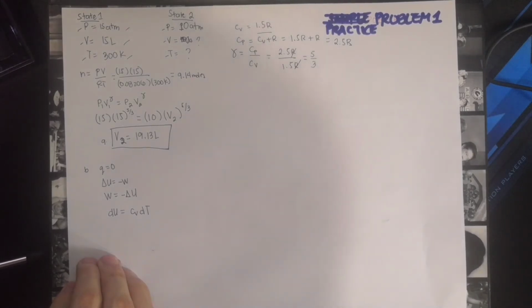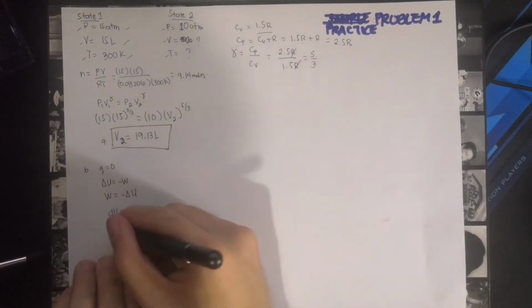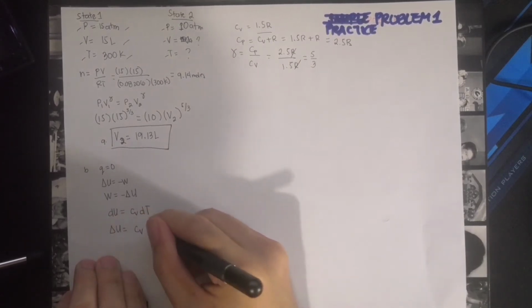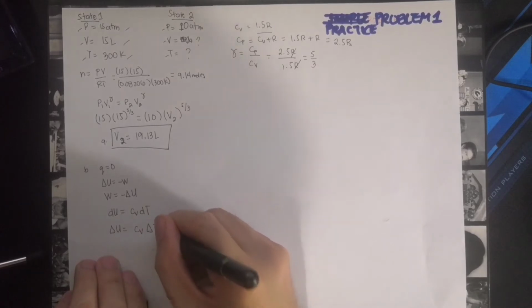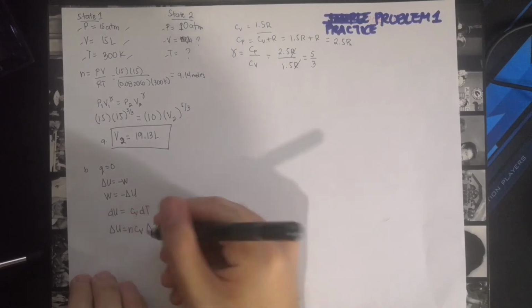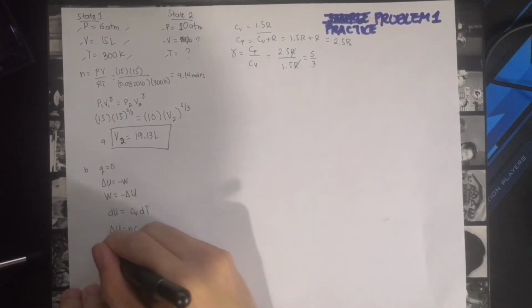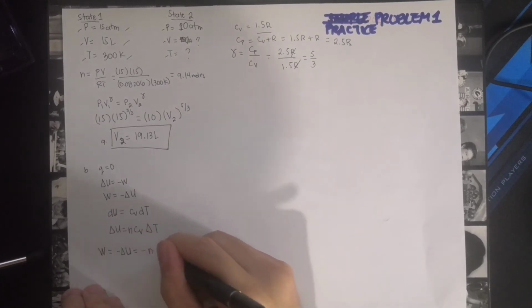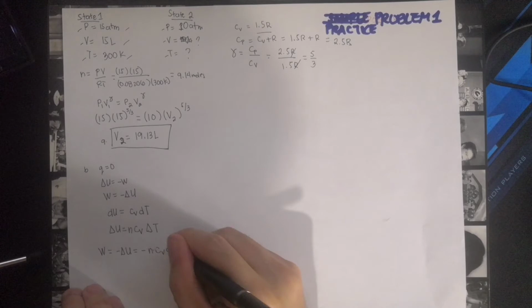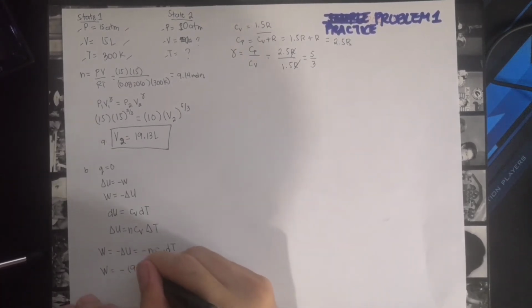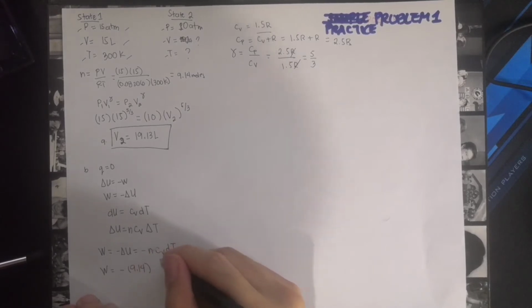Do you see where we are going with that? If dU is equal to Cv dT, then delta U is equal to Cv delta T. And when we have a number of moles of a gas, we just multiply this by n. So W is equal to negative delta U, which is equal to negative n Cv delta T.